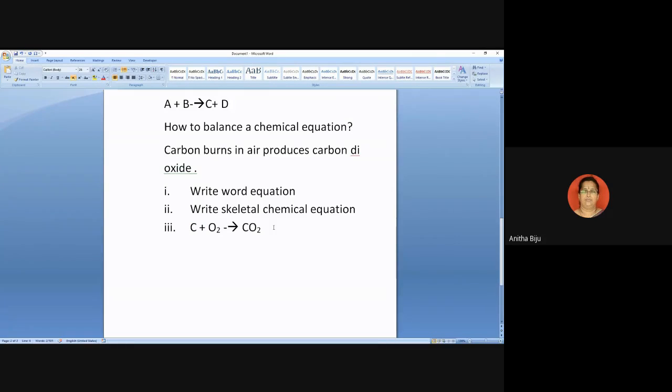All the students will write it down. Magnesium burns in air, produces magnesium oxide.